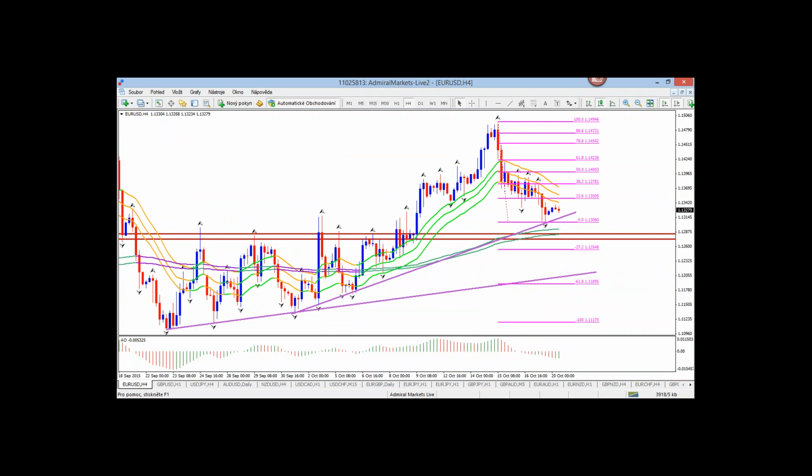Let me open my drawing tool, 1 second. All right. So a bit of a hook back here, maybe to the 50 fib, for instance.